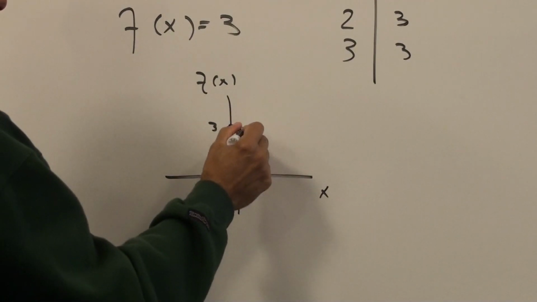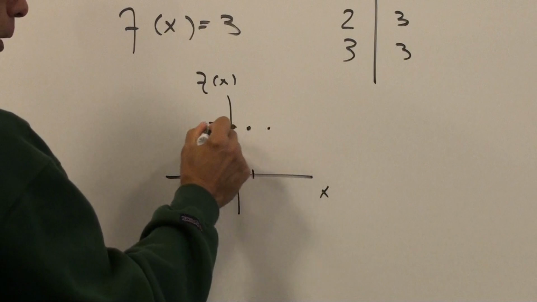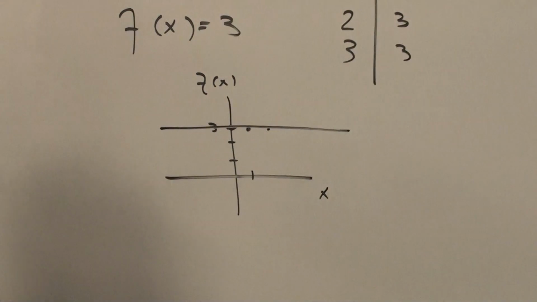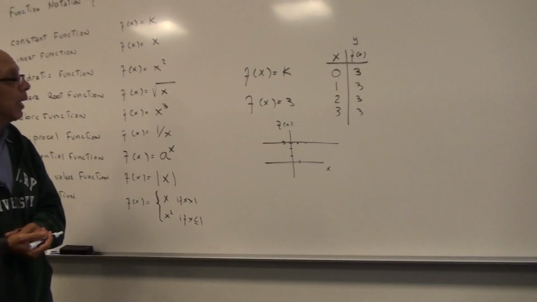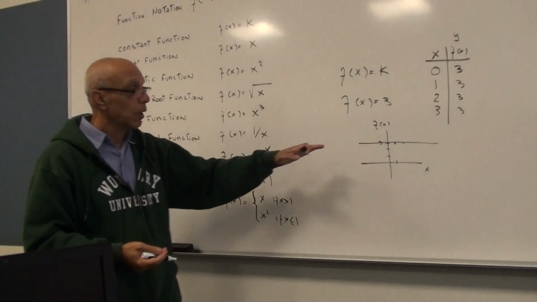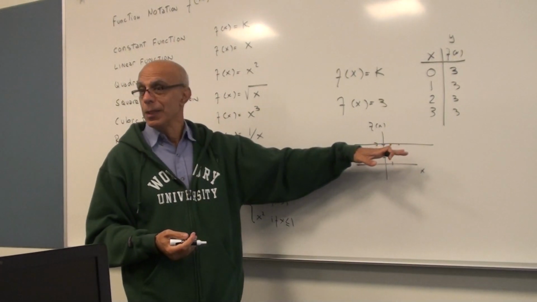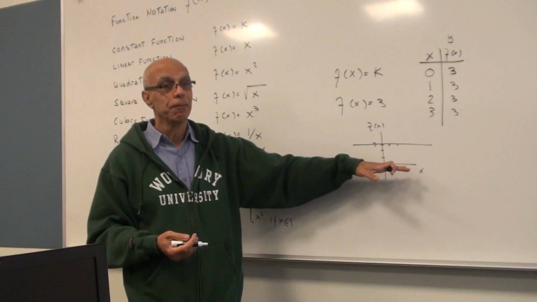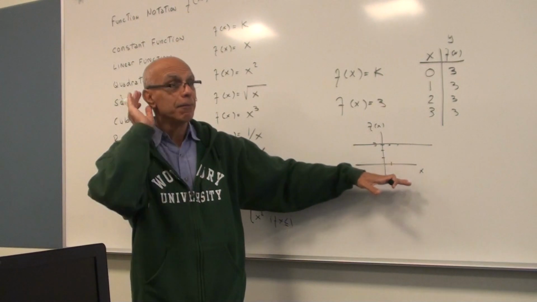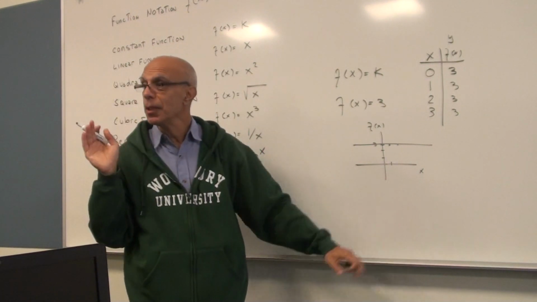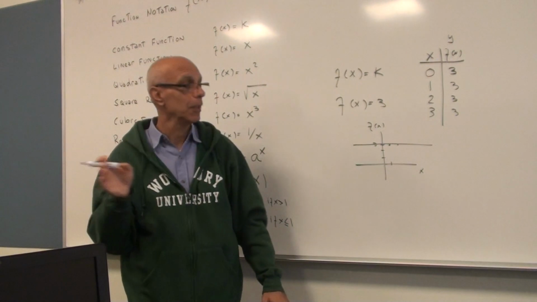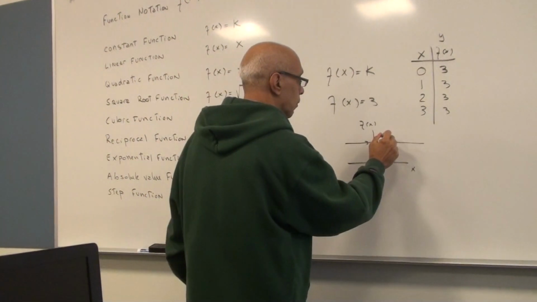When x is 1, 3. 2, 3. So it's going to be a flat line. It's horizontal. And what is the slope here? Anybody going to say anything? 0, right? The slope here is 0.